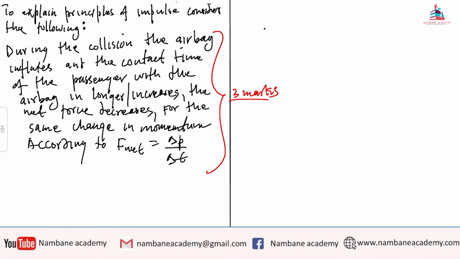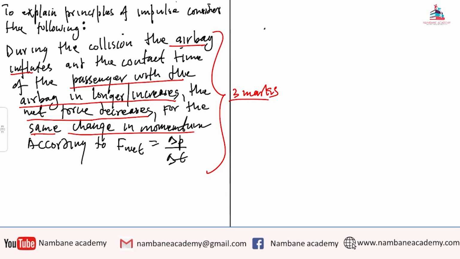So what does this airbag do? Remember, the airbag is going to push the driver backwards during a collision. But what it actually does when it inflates is that the passenger will now have longer contact time with the airbag. Then the net force with which the passenger was going to hit the steering wheel, which is a very hard surface, decreases for the same change in momentum according to this.